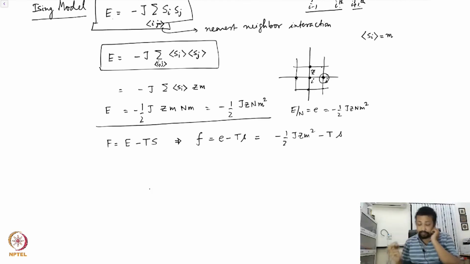If so, one can write this as half J Z m squared.